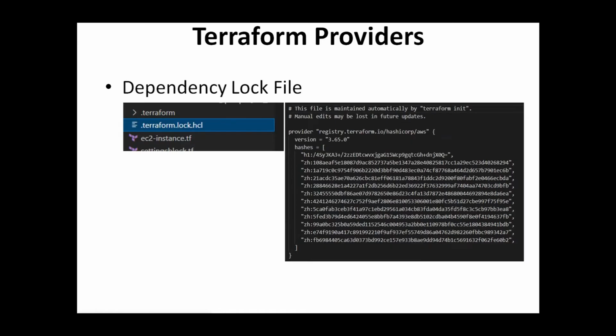This is the dependency lock file, how it looks like. So this is the lock.hcl, and if you browse it, it will be like this, where you will be getting the version and the provider name also, which is registry.terraform.io slash HashiCorp slash AWS. So these are the core concepts from Terraform providers perspective.